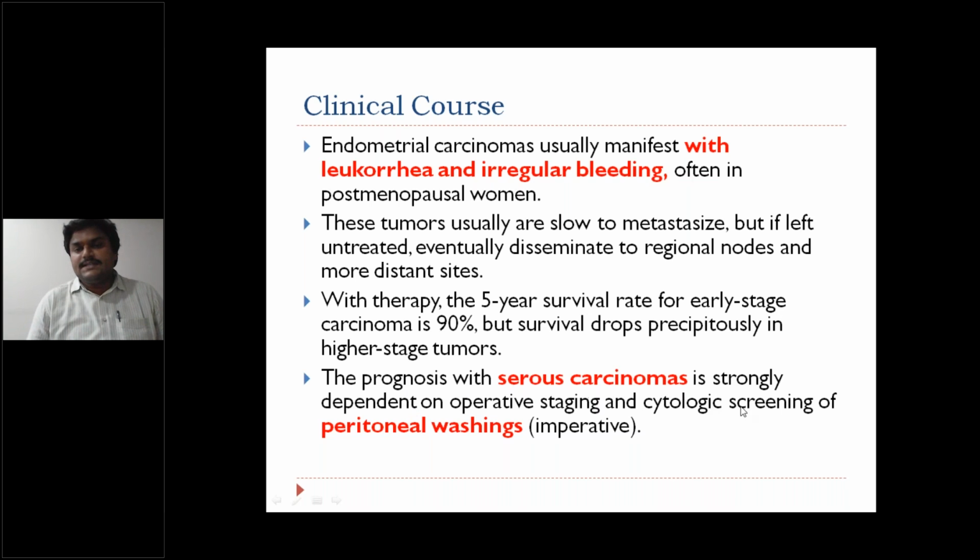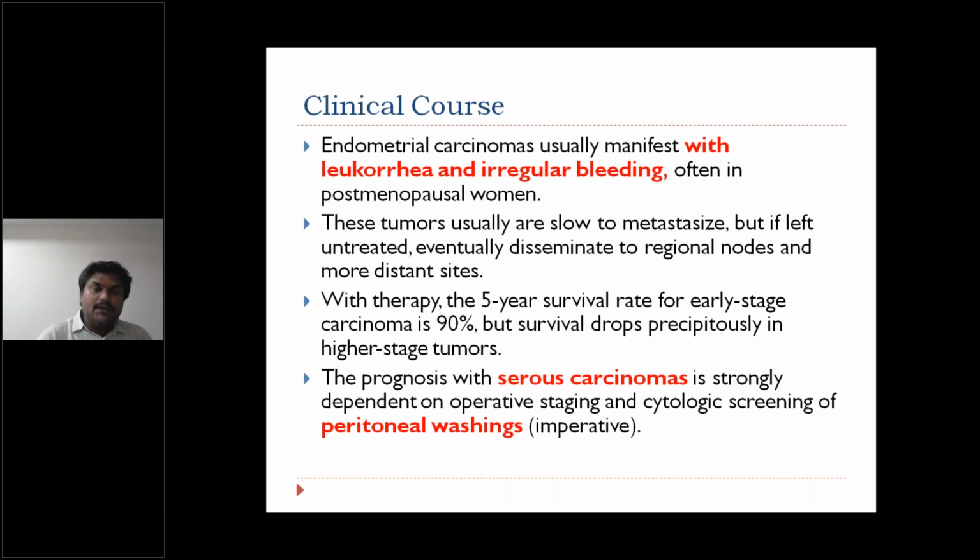The prognosis with serous carcinoma is strongly dependent on operative staging, and what I want to stress here is peritoneal washings. Whenever you suspect a case of endometrial carcinoma or whenever you are operating on a case of endometrial carcinoma, never ever forget to take peritoneal washings.